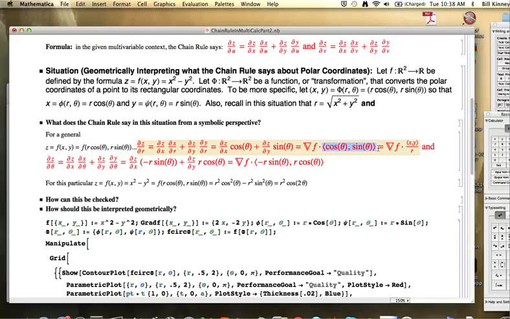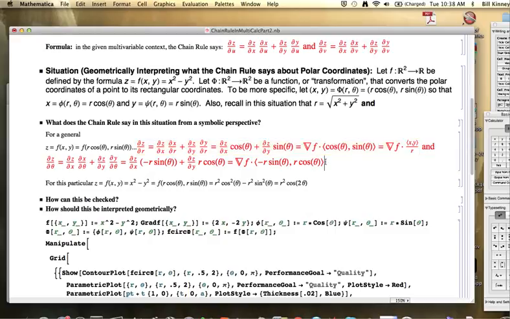Its length is 1, and in fact, because of these conversion equations that are up here, if you solve those equations for cosine theta and sine theta, you'll get x over r and y over r. So in fact, that vector can be thought of as this. In other words, the position vector of the point that we're at divided by the length of that position vector, r, the polar coordinate of the point. It is a unit vector that we're dotting with here.